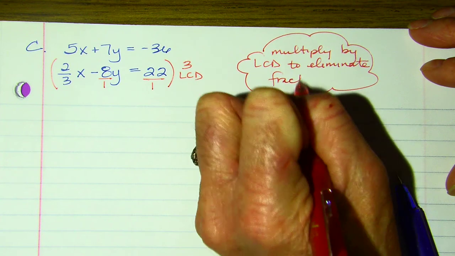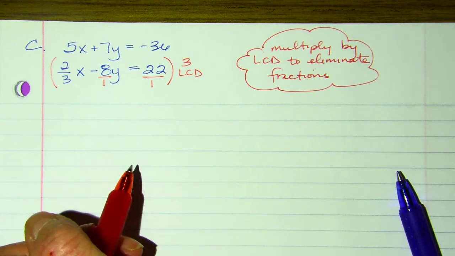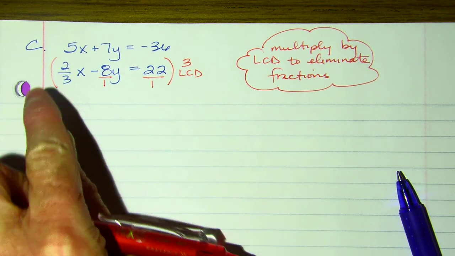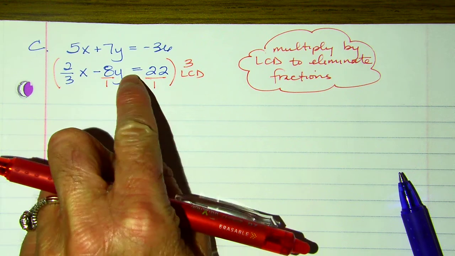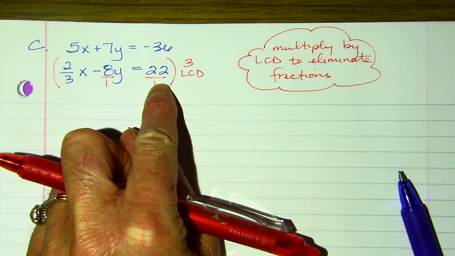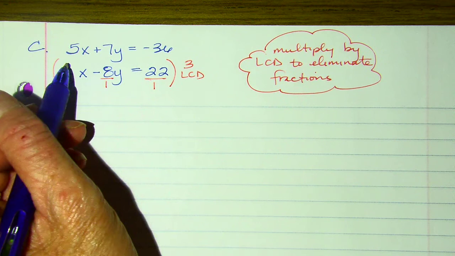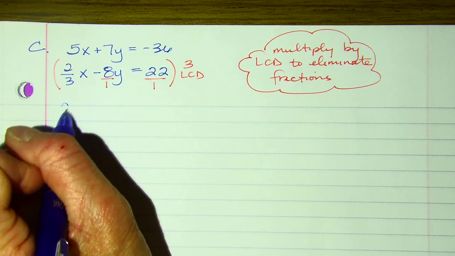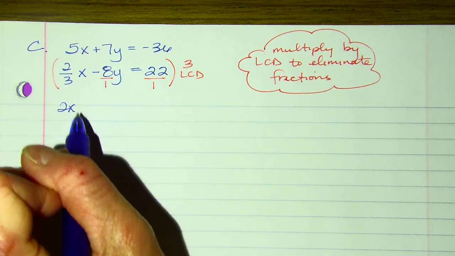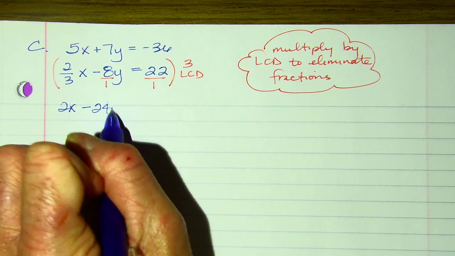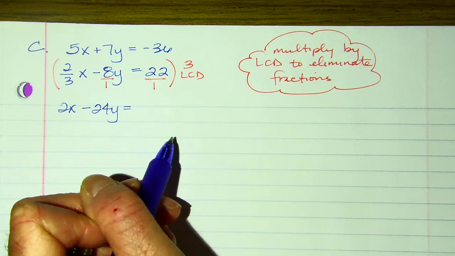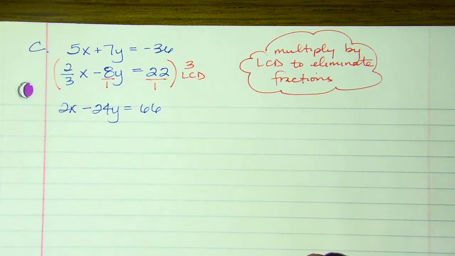And when I say multiply, I mean everything, right? Equal sign means that if I multiply this by 3, I have to treat this side by multiplying it by 3. So I'm going to distribute everything by 3. 3 times 2/3, the 3's cancel, and I get 2x. 3 times negative 8y is negative 24y. 3 times 22 is 66.